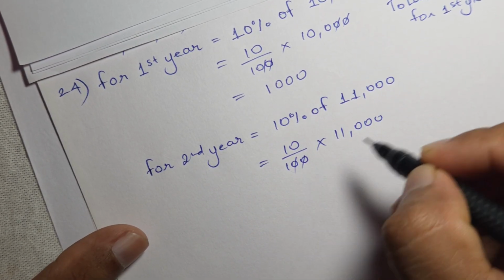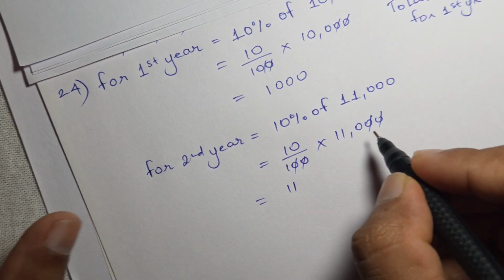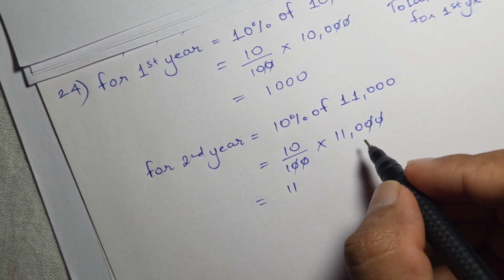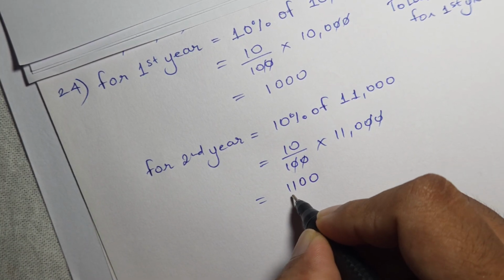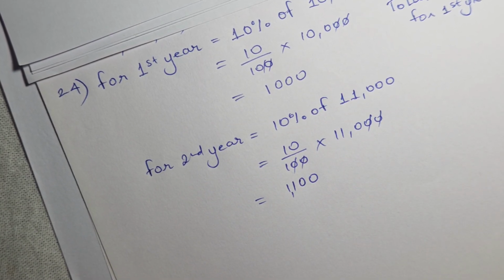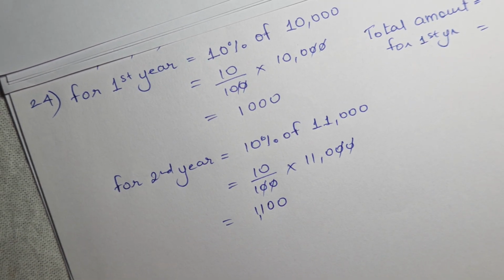So zeros get cut, so you get 110, so 0 0. So this amount is 1,100, correct? This amount is 1,100.